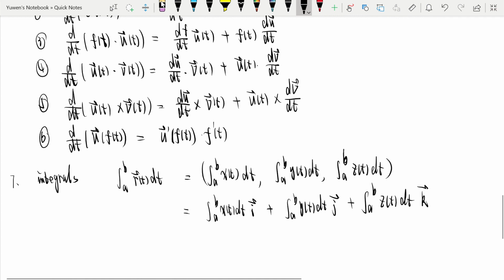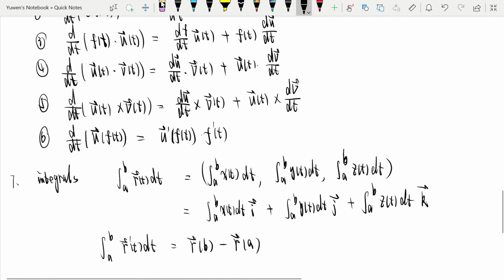And there's a fundamental theorem. The integral from a to b of r prime(t) dt is r(b) minus r(a).